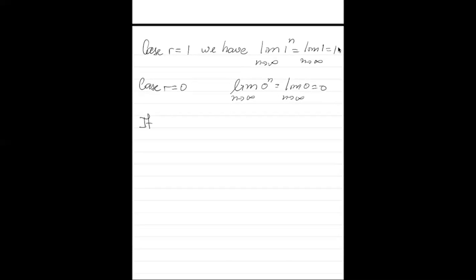Now, if r is between -1 and 0, so it's negative, then the absolute value of r is between 0 and 1. So the limit of absolute value r to the n, we're using that star theorem again, is equal to the limit absolute value of r, n can go outside, and that is equal to 0.